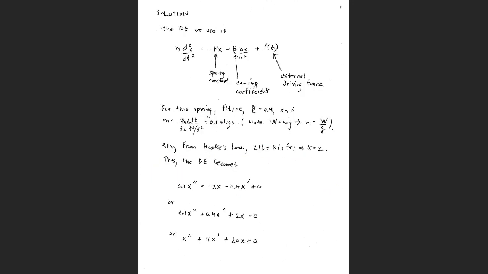The differential equation we use is the general differential equation from section 5.1: mass times the second derivative of position x, so mass times acceleration, is equal to negative kx minus beta times the velocity, dx/dt, plus an external driving force. k is your spring constant, and beta is your damping coefficient.